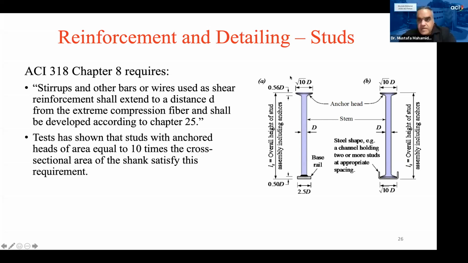Okay. So this is square root of times d. This number was taken from experiments. So if the area of the anchors at the top is 10 times the area of the stud itself, then we should be okay.